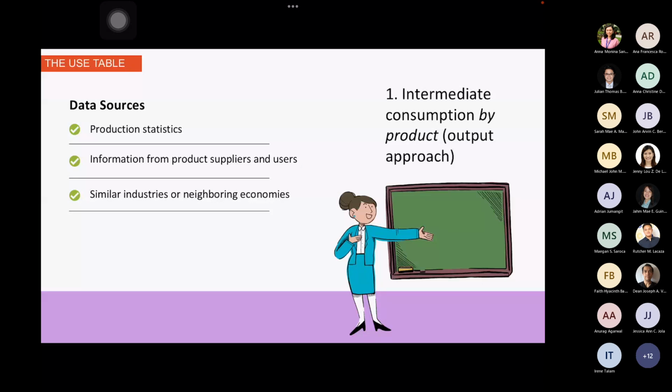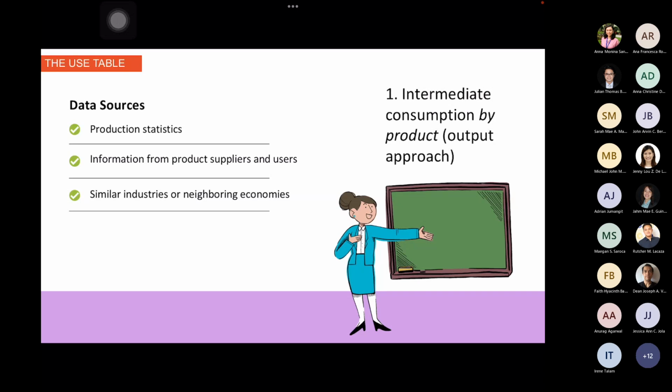So we have here the production statistics. So it can detail how the production flows in an economy. And we have here information from product suppliers and users. So we can determine where the product flows to, whether it's in the intermediate consumption or final use.